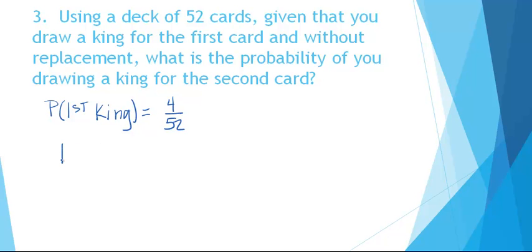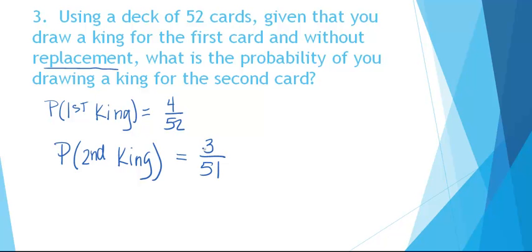And then the probability of a second king, well, they don't replace the first one. So there are only 51 cards left, and only 3 of those are kings. So 3 out of 51. Any questions on that?